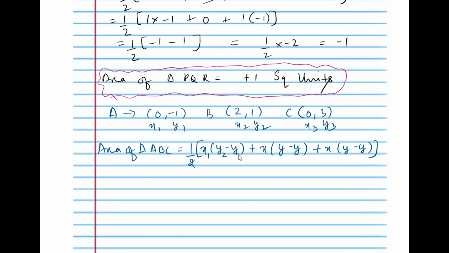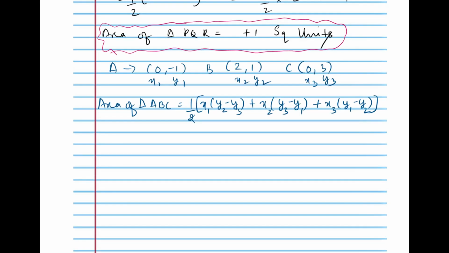Now substituting the values, area of triangle ABC equals half into, what is x1? x1 is 0, y2 is 1, y3 is 3, plus x2 is 2 into y3 is 3, minus of minus 1 is plus 1, plus x3 is 0 into y1 is -1, y2 is -1.